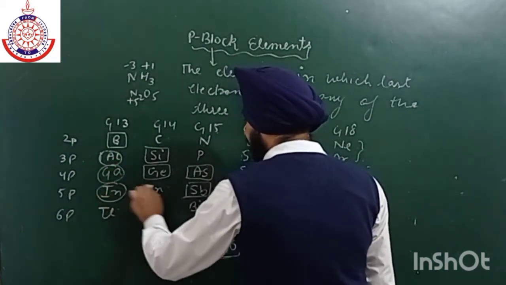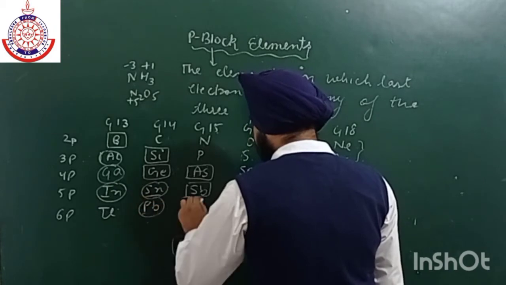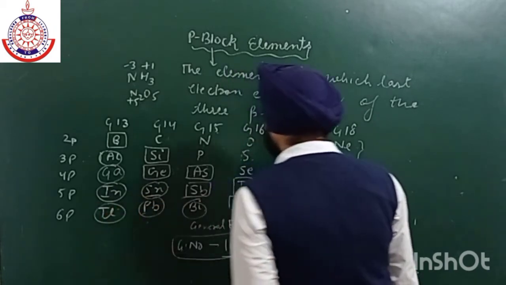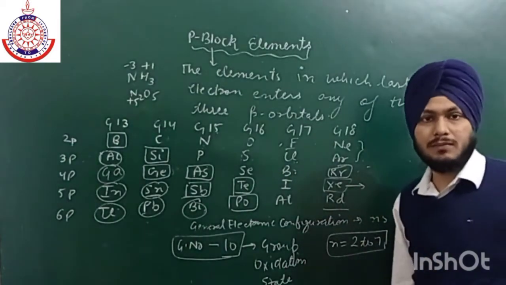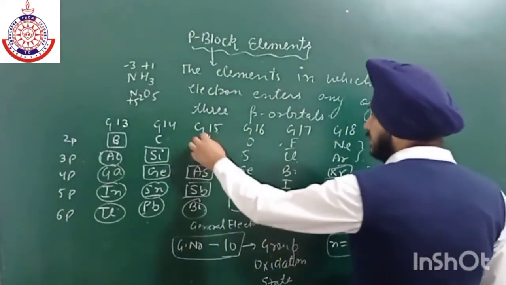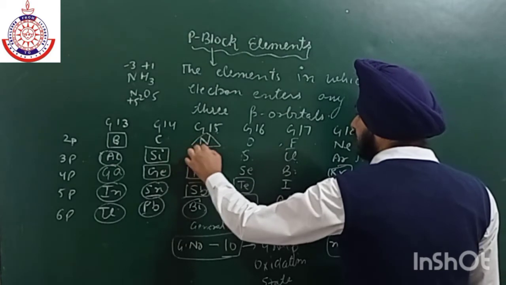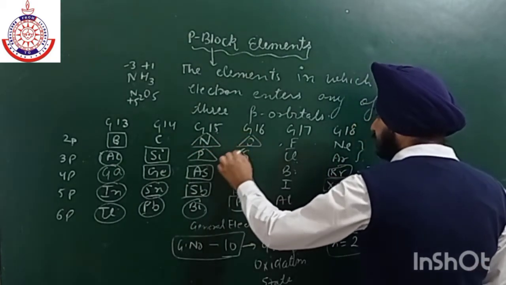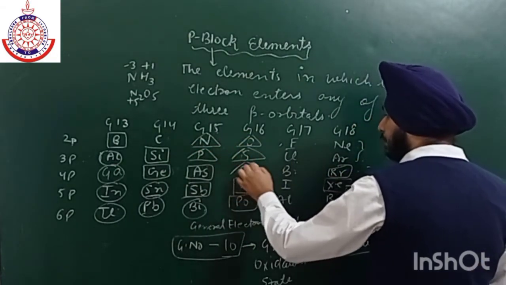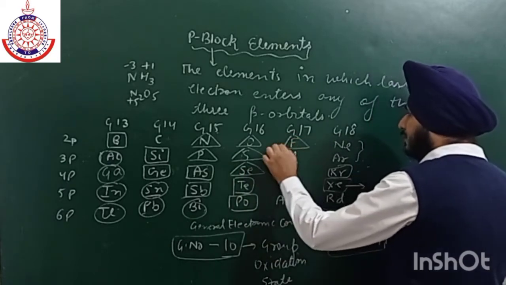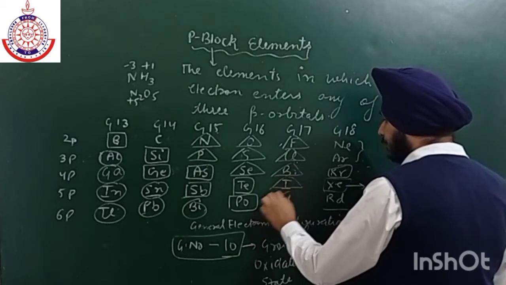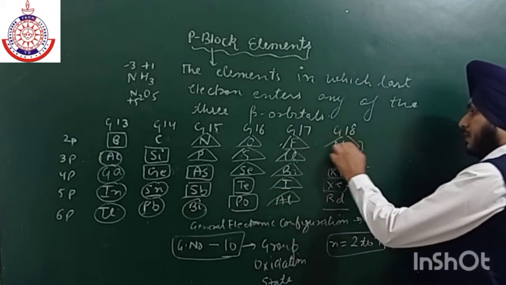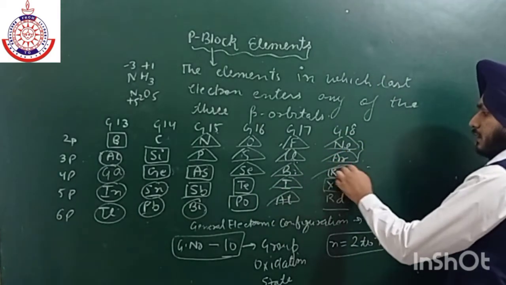These all are metals, and the rest of the elements are non-metals. All these elements which are in the triangle are non-metals, okay. So the p block contains metals, non-metals as well as metalloids, okay.